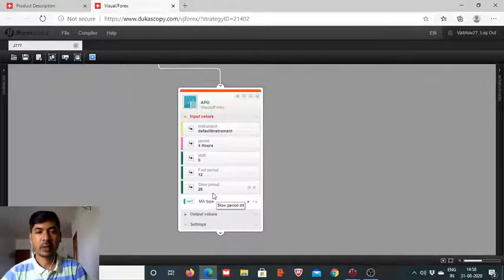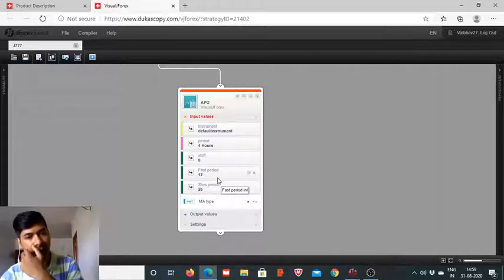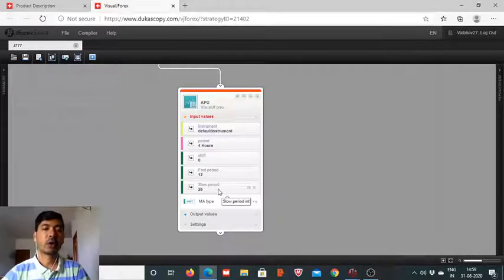Now it is the fast period and the slow period. Here one is the shorter MA period and one is the longer MA period. The shorter one moves fast, so it is given as the fast period, and the longer MA period moves slower, so it is given as the slow period.